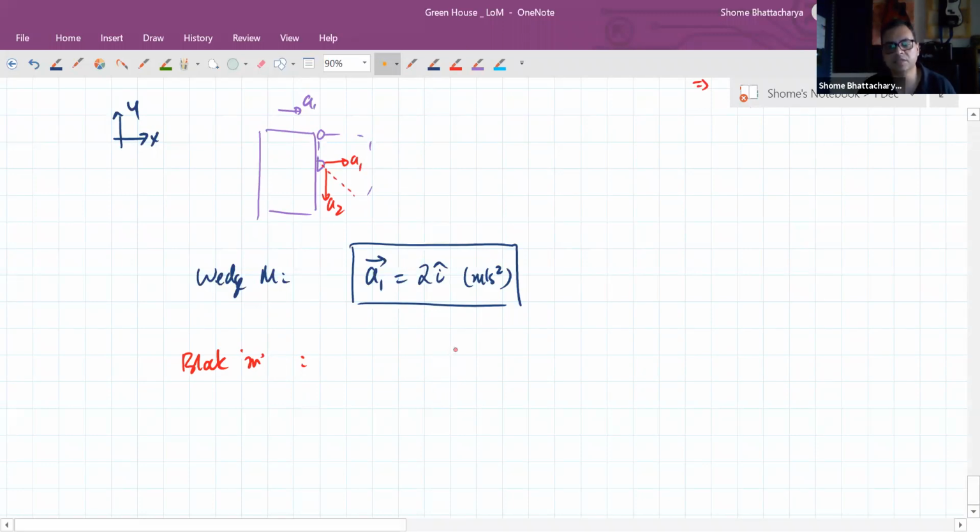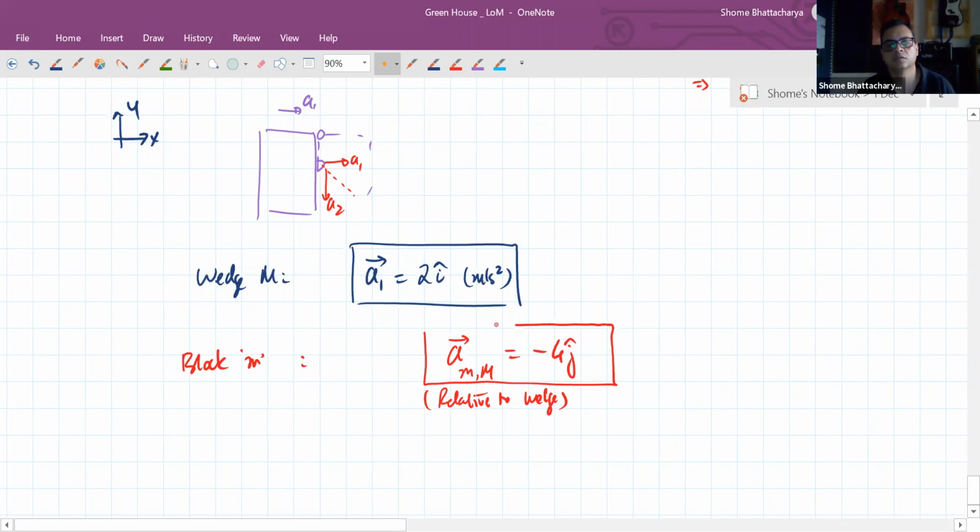So the acceleration of the block with respect to the wedge is minus 4 j cap. That is a2 downwards, whereas the acceleration of the wedge itself is nothing but 2 i cap.